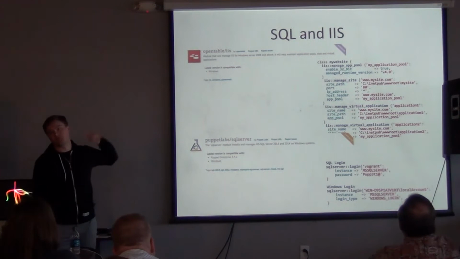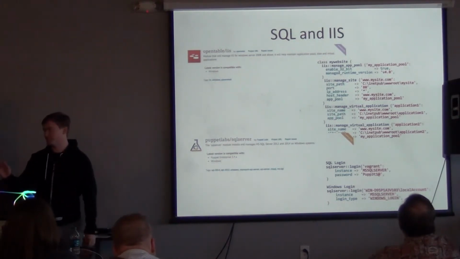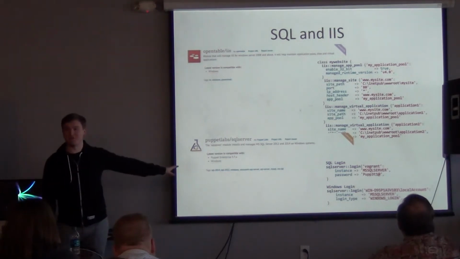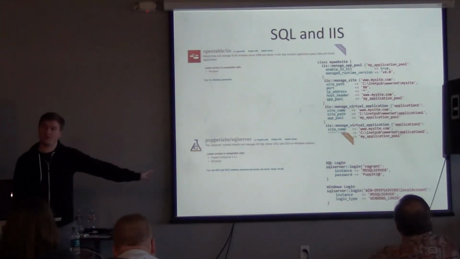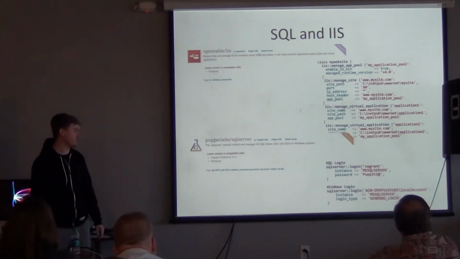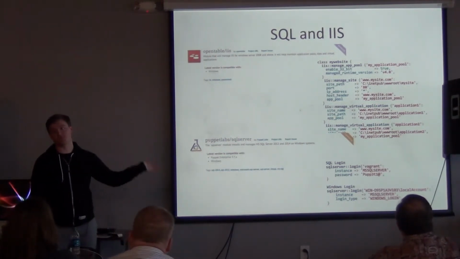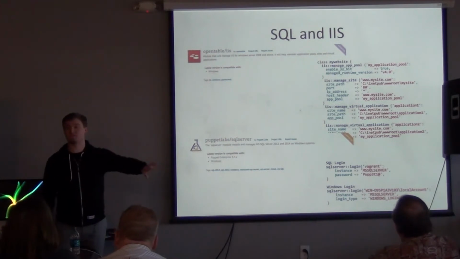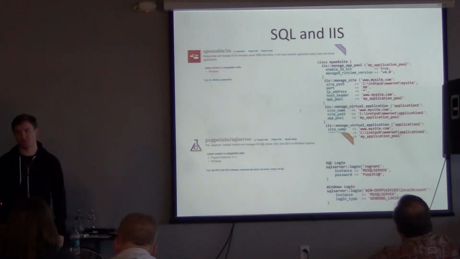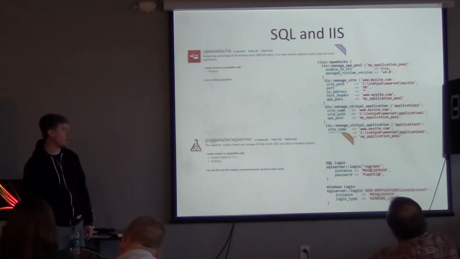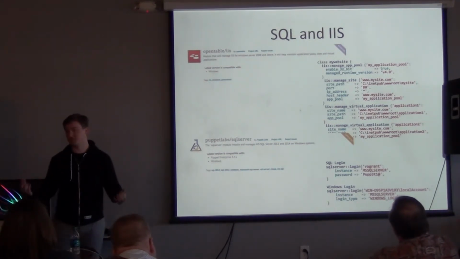SQL and IIS. This is huge, right? This is probably like 80% of the things that Windows admins do. The SQL Server module is now a supported module, and it was just recently released, a couple months ago. This allows us to do SQL Server 2012 and up. There is some stuff out there for legacy SQL Server installations as well. Essentially, this allows us to define, in Puppet code, what a SQL Server instance is.